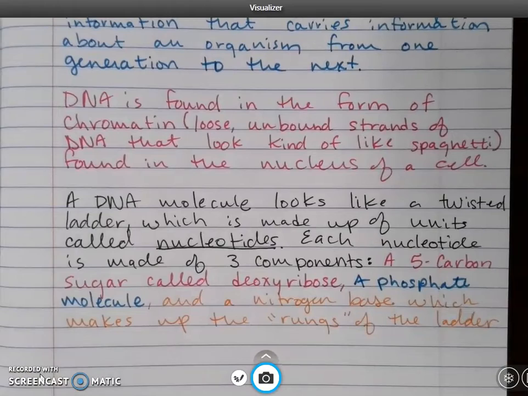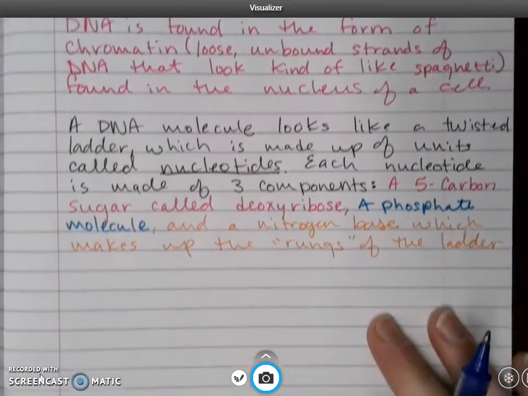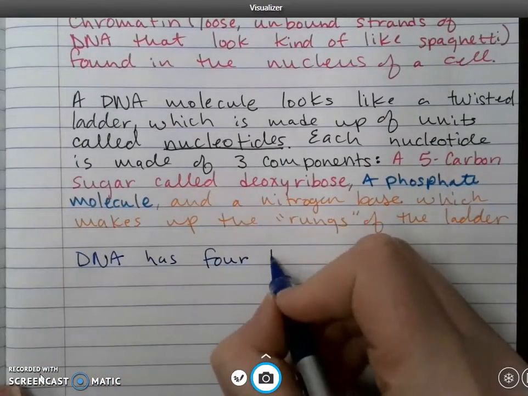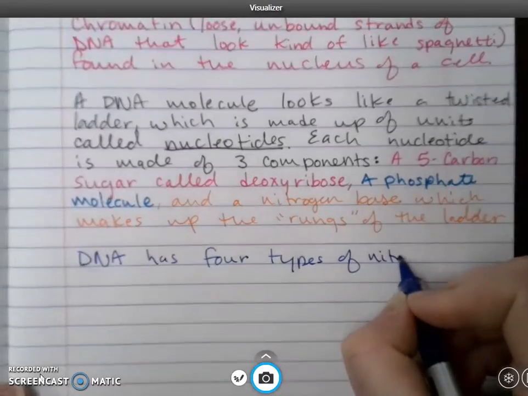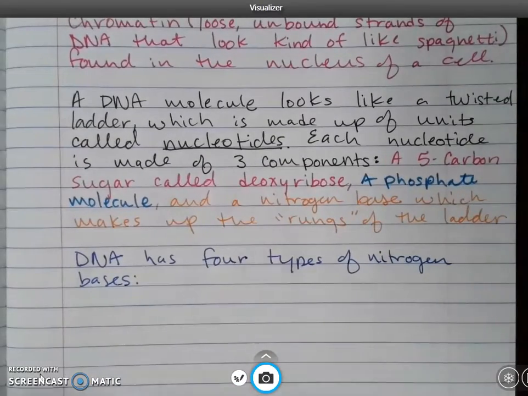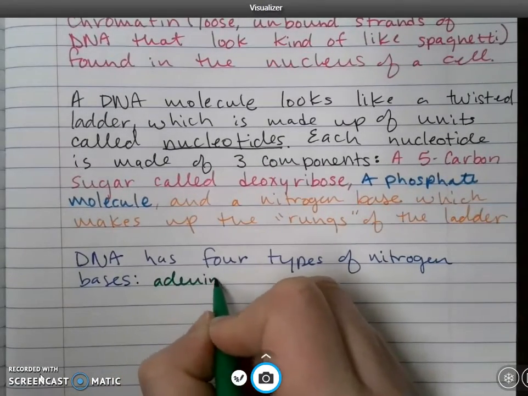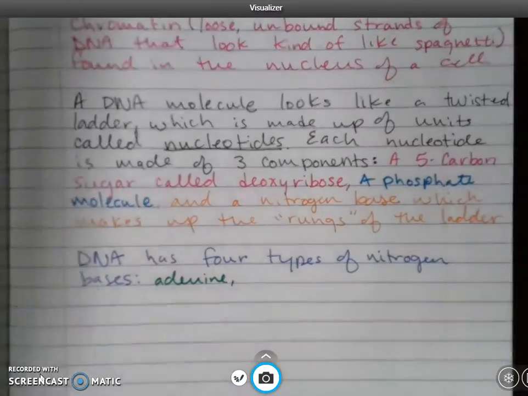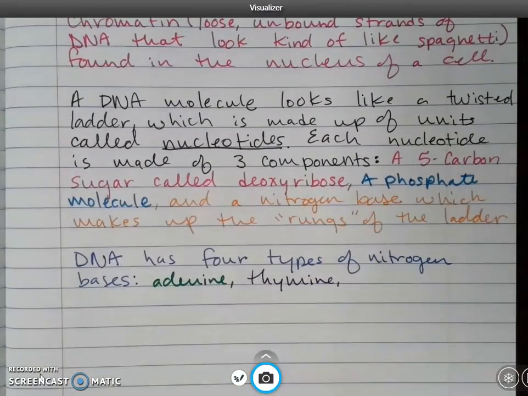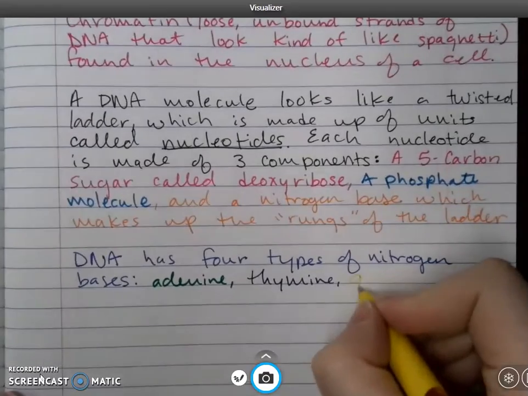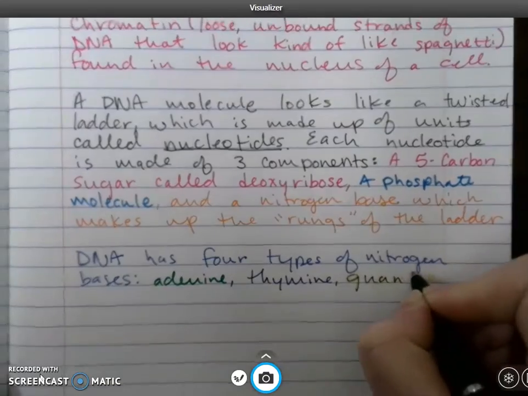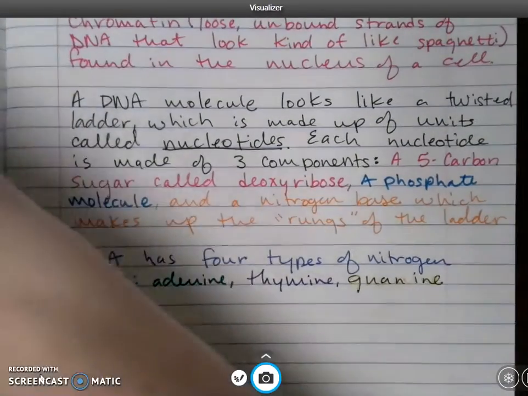Now there are 4 different types of nitrogen bases. They are adenine, thymine, guanine, and cytosine.